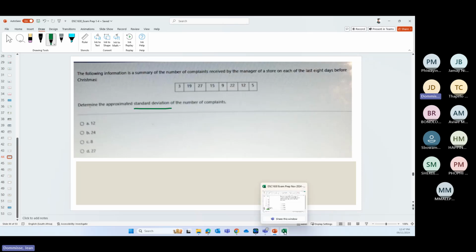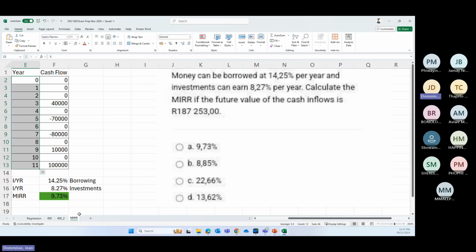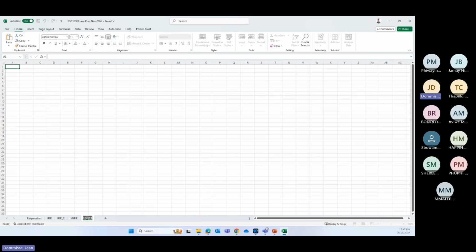What we're going to do for this one is again show you Excel so that you are allowed and can have access to it. So we need to work out standard deviation. That is what I'm going to call it. But in this process, we're also going to do variance and others.